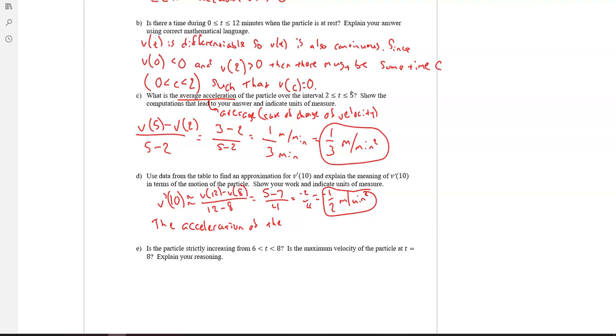The acceleration of the particle at t equals 10 is approximately negative 1/2 meters per minute squared. Okay, so there would be one way you could describe the meaning of v prime of 10 in terms of the motion of the particle.